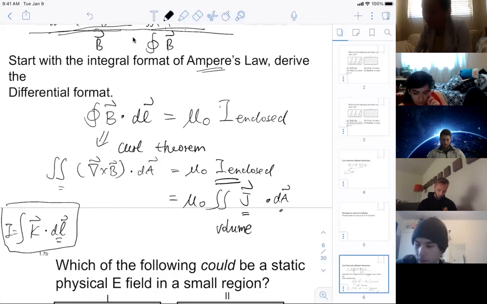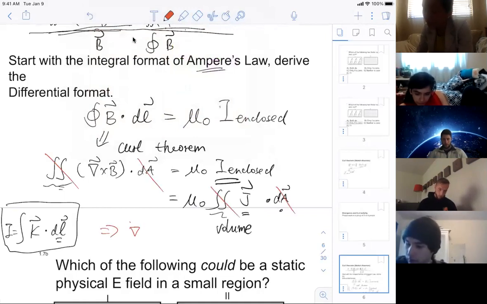Excellent. Now we look at the left-hand side and the right side of the equation, and we do not have any special conditions for these surfaces. These are valid for any random surface, and it's true for all surfaces. And therefore we can get rid of our integration sign, and whatever we are integrating over must be equal.